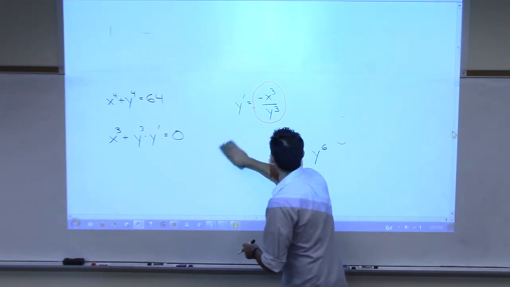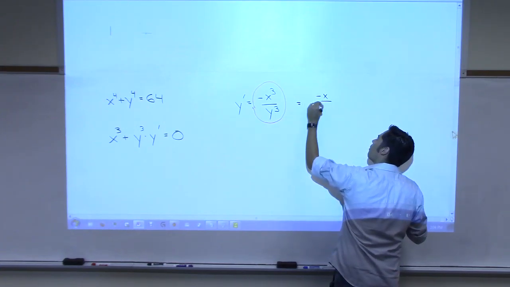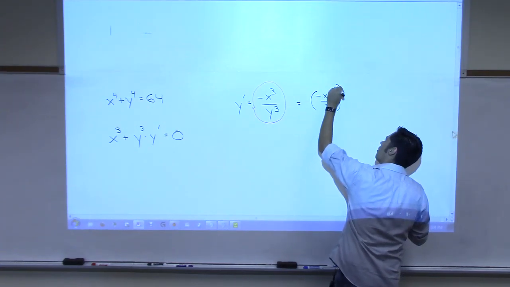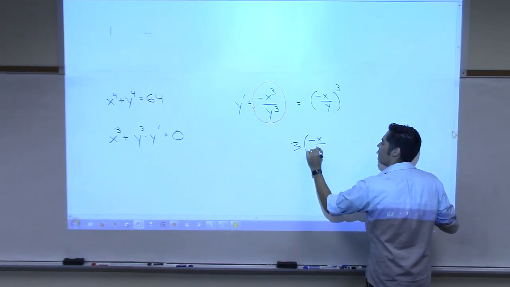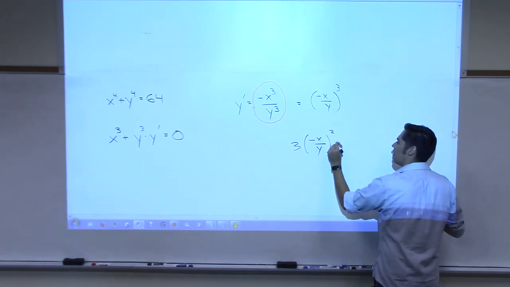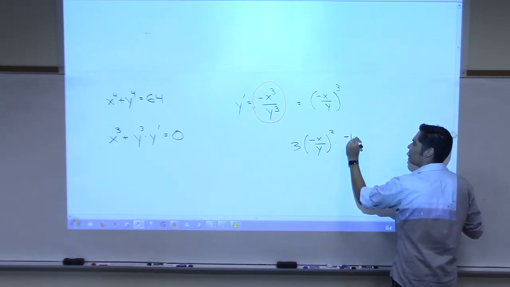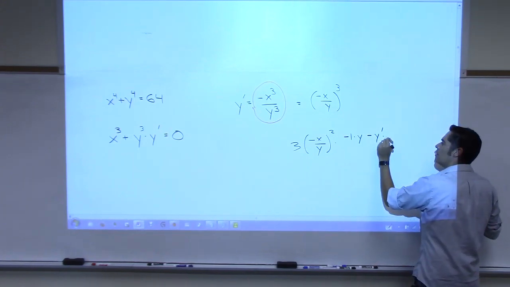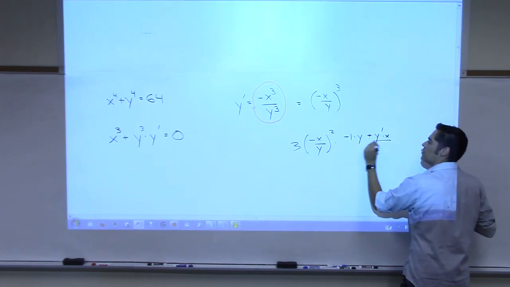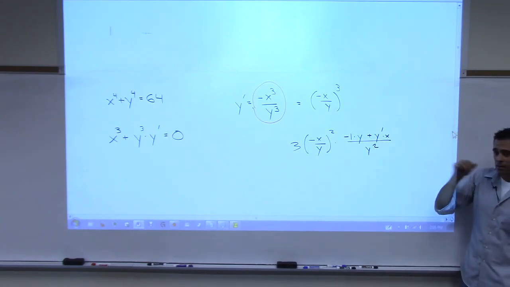At this stage up here, you could have looked at this as being negative x over y cubed and done chain rule, and this would have turned into 3x, negative x over y to the second times, now I could do quotient rule on that, which would have been negative 1 times y minus y prime times negative x again, which would have changed it to a plus over y squared. That's nice too.